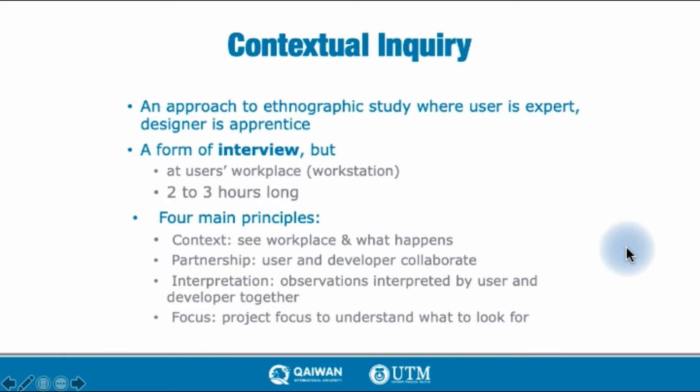So you will have this text, and you analyze the questions that you asked and the answers that they gave you. You analyze their answers and get the main goals that you want to reach, or you analyze their audio and get the answers that you asked for. That is the process of contextual inquiry, and there are a lot of tools and programs that can help you analyze the text, or the voice as well.